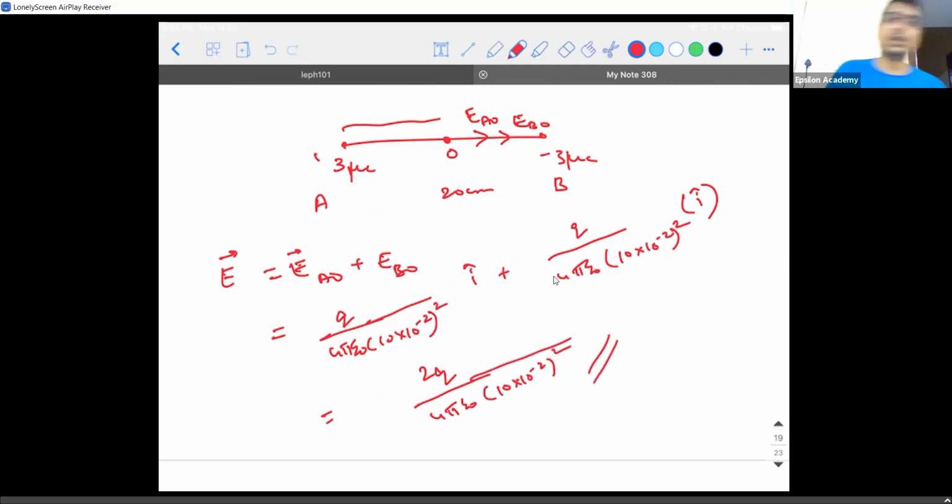So this is going to be the net electric field at point O. So these many Newton per coulomb will be the answer, and the electric field is obviously to the right hand side.